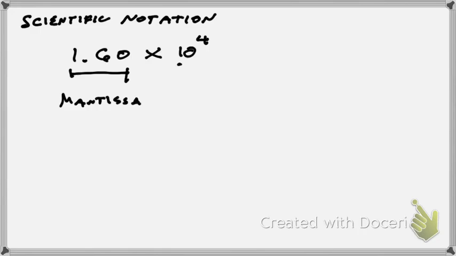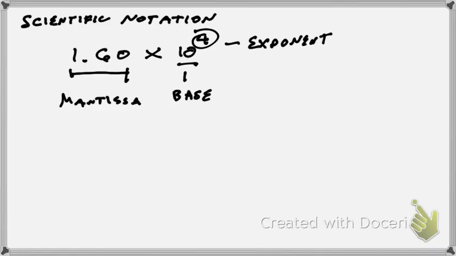All right, and this 10 right here is the base, and this 4 is called the exponent, okay? The exponent. All right, and another way of saying that 10 is the base is also referred to as the magnitude, okay?